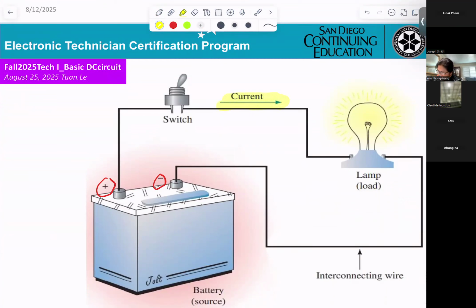Current flowing from left to the right. However, you can read the textbook or somehow they draw the current this way.